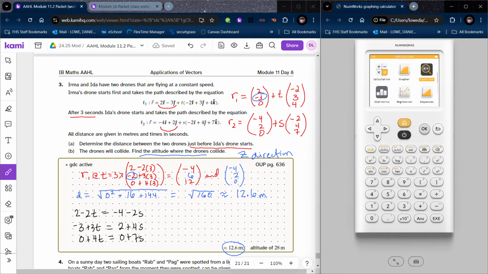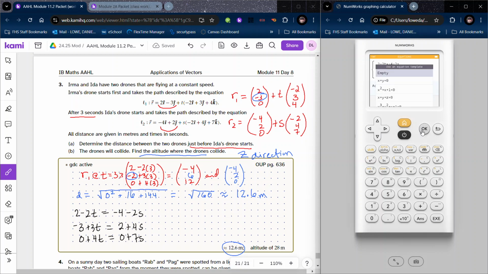If we come to solve our system, let's put in our pieces. We have 2 minus 2t, equal to -4 minus 2s. Then my next equation is -3 plus 3t, equal to 2 plus 4s.